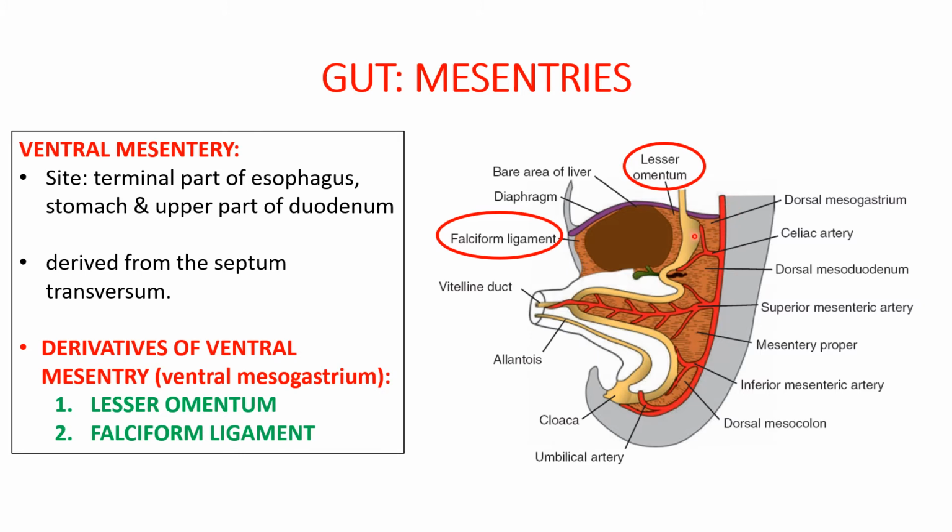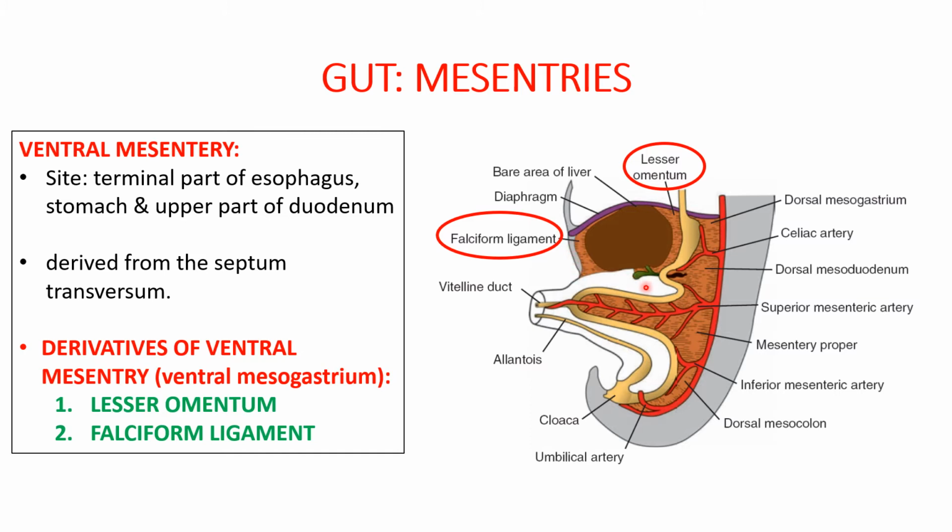And we can clearly see that this entire gut tube is suspended through the dorsal mesentery to the posterior body wall. But anteriorly, the ventral mesentery is only limited; the ventral mesentery is suspending the caudal portion of the esophagus, the stomach, and the proximal part of the duodenum. This portion of the gut is suspended through the ventral mesentery to the anterior body wall.